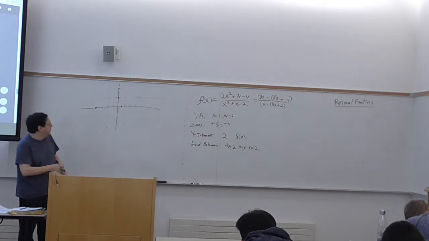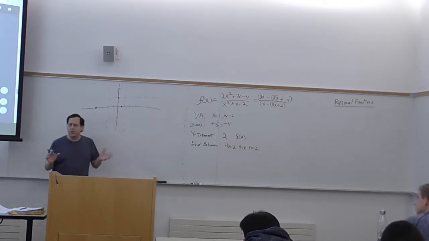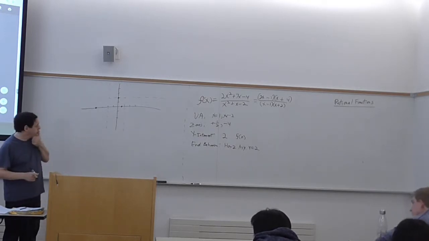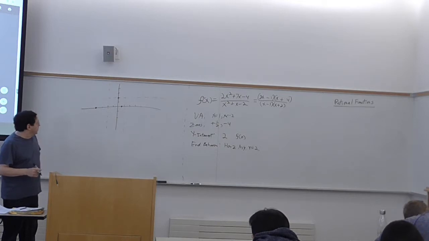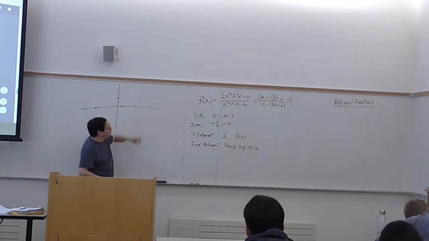We also know that at these vertical asymptotes, the function is going to be discontinuous, right? It doesn't have a value there. Okay, well, let's start with this horizontal asymptote.